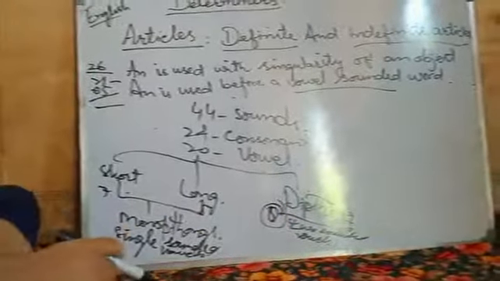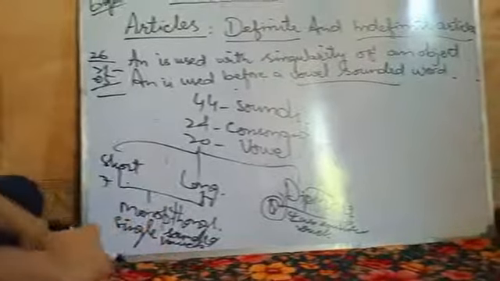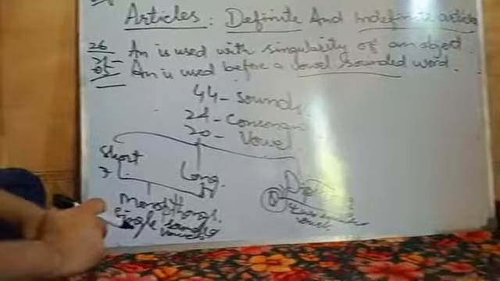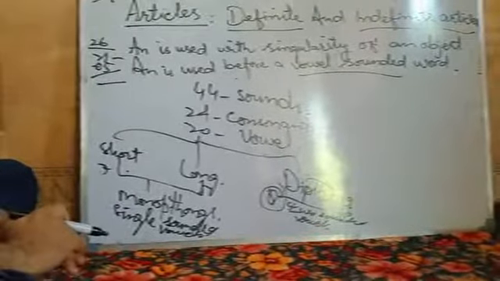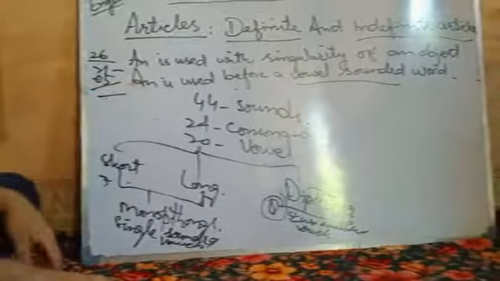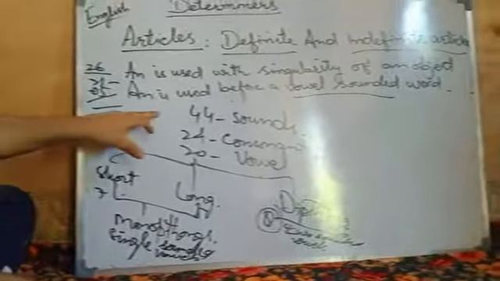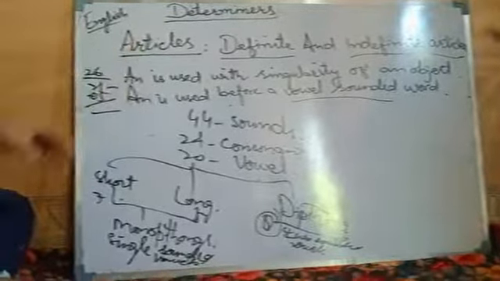In total, they are 20. And consonant sounds are 24 in number. It is a different topic. I thought it is necessary to have a little description of this chart here, that's why I wrote this. Otherwise, our topic is articles.